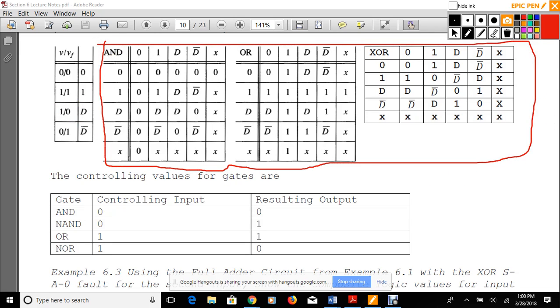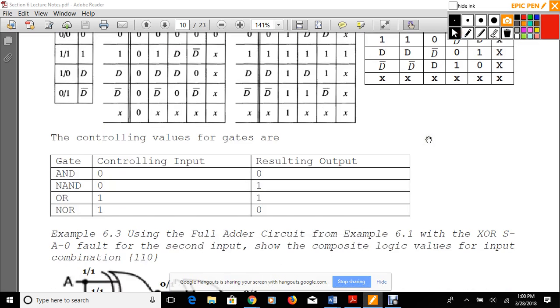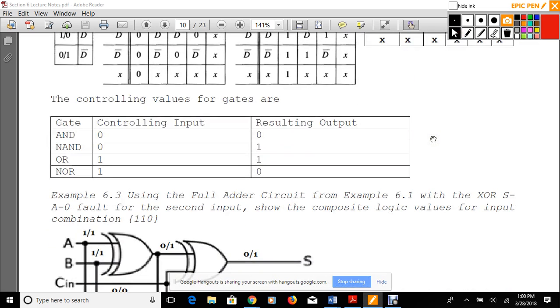The controlling value means that a 0 on an AND will always give us a 0 on the output. If we get any 0 on the input, that controls it. Likewise with an OR, if you get a 1, you're always going to get a 1 on the output. For a NAND, if you control it with a 0, you're going to get a 1 on the output, and likewise if you invert with an OR.